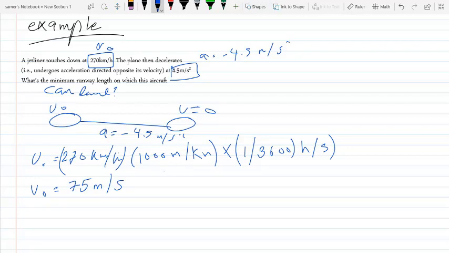So we have V0, V, and a, and we need to find the length of the runway, so we need to find x.